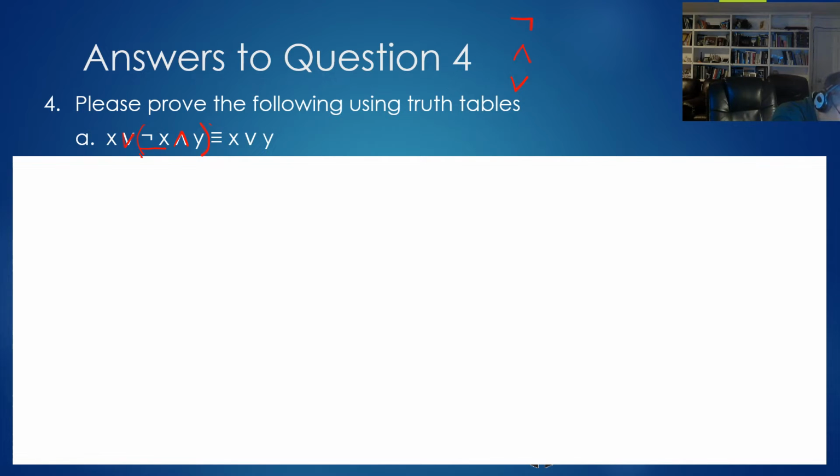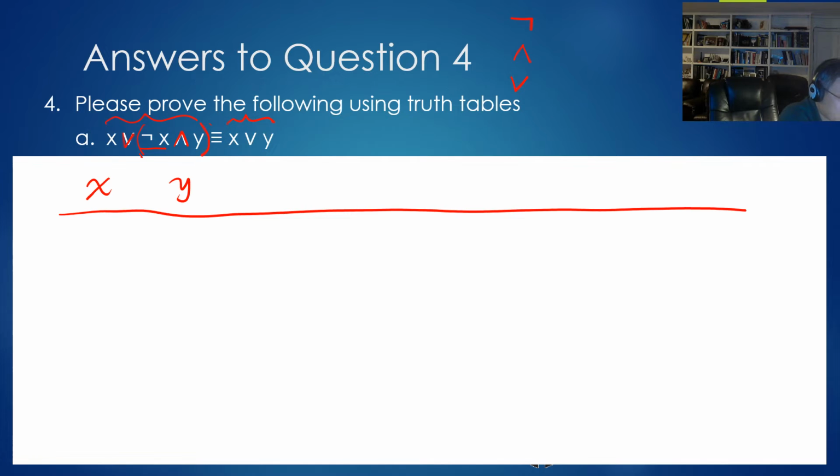So you want to create a truth table and prove that the left side is equivalent to the right side. There are 2 variables, x and y, so it's relatively easy to create this table. The total number of combinations is 4, right?